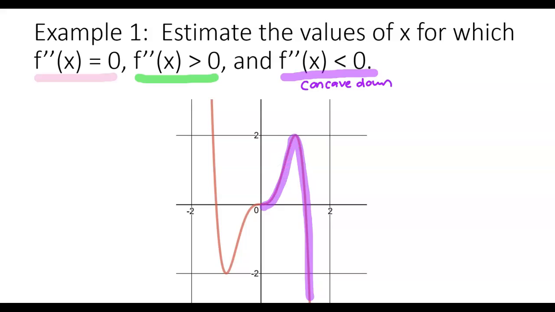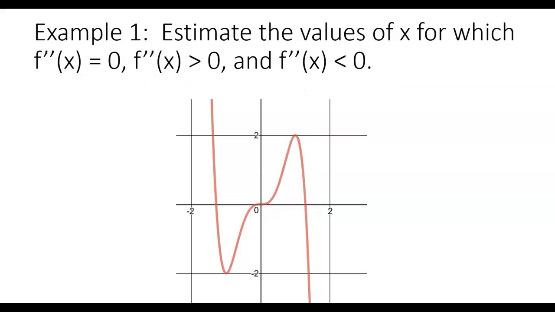So actually, I would say that it's concave down from here, probably up to about the middle of that line, because the rest of that would be concave up, which I'll use green for.